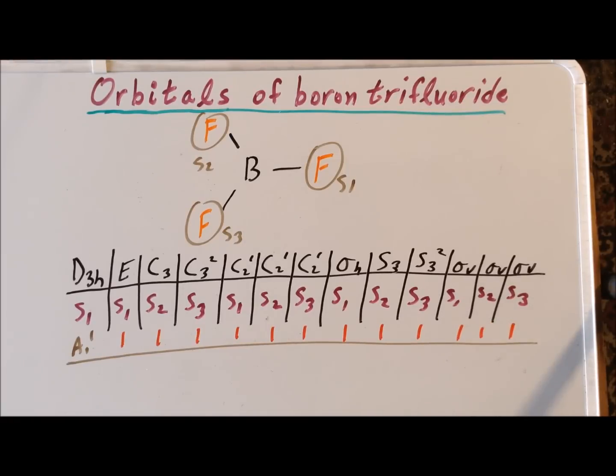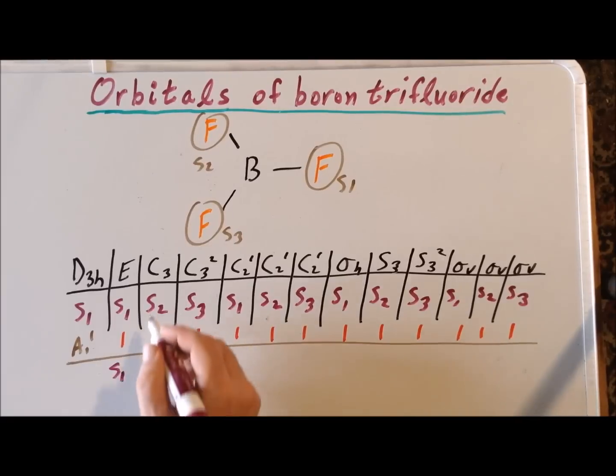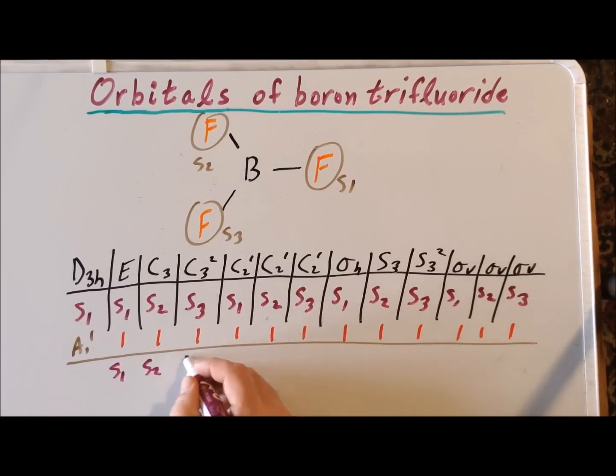And what we do now is we're going to multiply the factor in the second row times the term in the first row. So this may look trivial, but this is what happens when we have the totally symmetric representation A1 prime. So 1 times S1 is just S1. We have S2, S3.